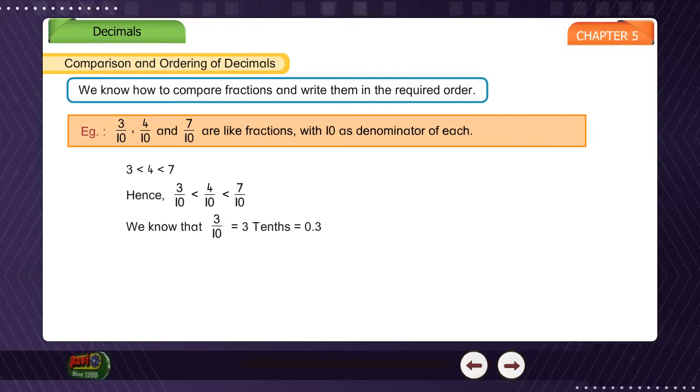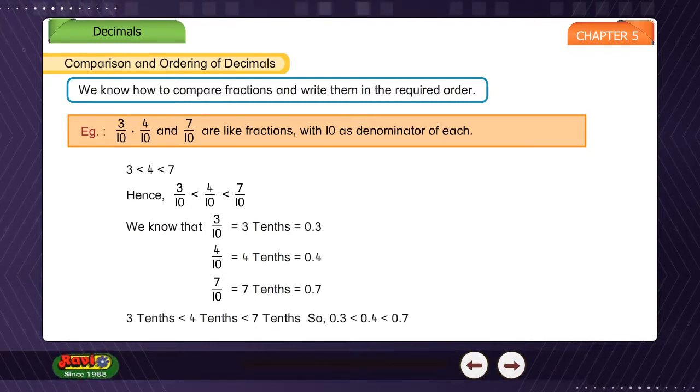We know that 3 by 10 is equal to 3 tenths is equal to 0.3. 4 by 10 is equal to 4 tenths is equal to 0.4. 7 by 10 is equal to 7 tenths is equal to 0.7. 3 tenths is less than 4 tenths. 4 tenths is less than 7 tenths.